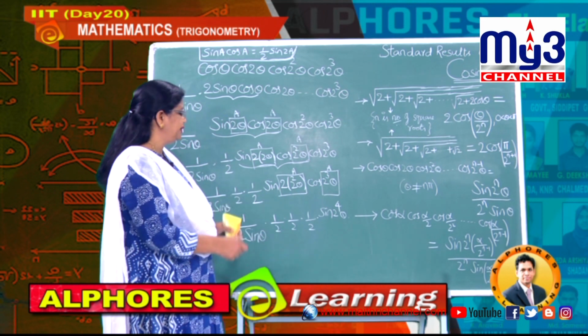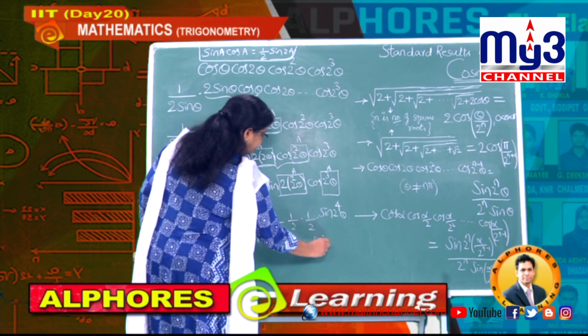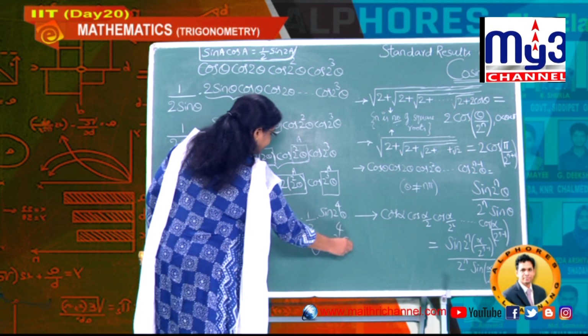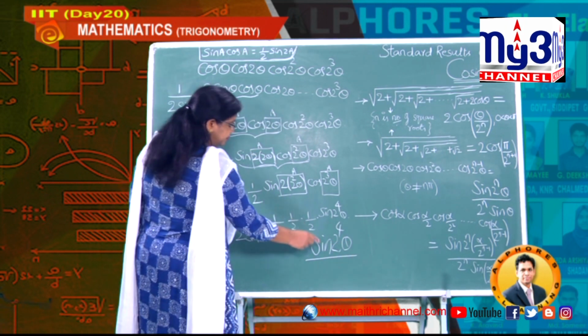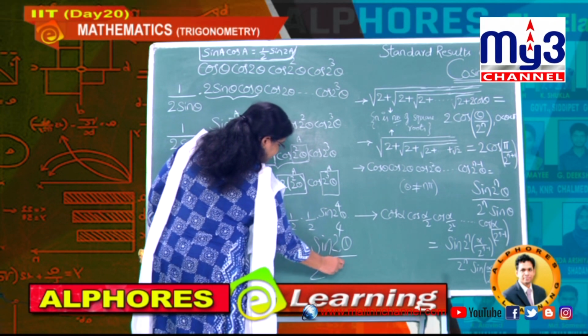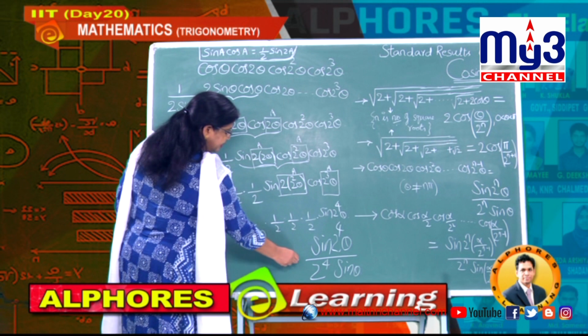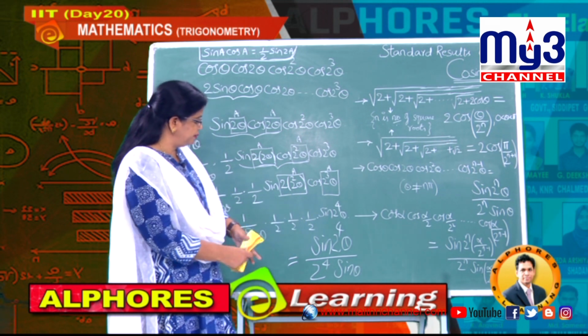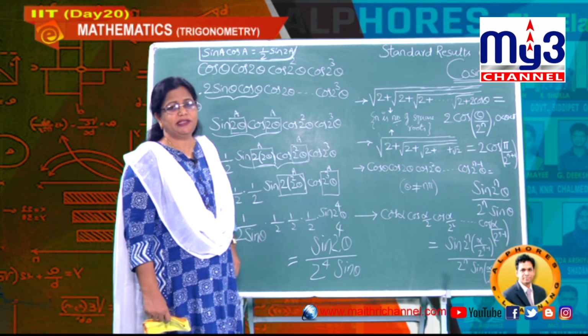So finally students, how much you got? In the numerator you got sin 2 to the power of 4 theta, right? Whereas the denominator is 2 into 2 into 2 into 2, that is 2 to the power of 4 sin theta. Understand? And don't use unnecessary knowledge, like 2 power 4 getting cancelled with sin theta, don't use such silly values.